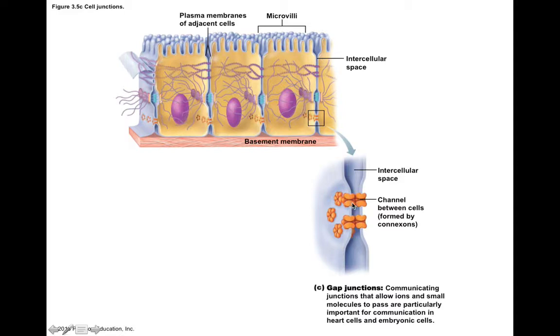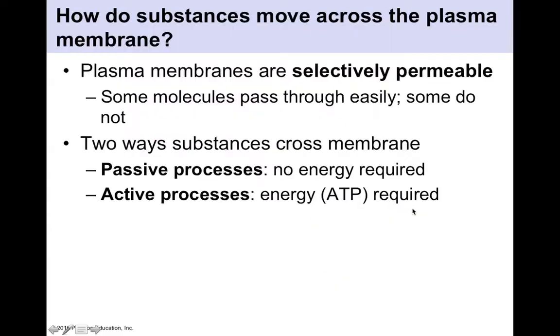So imagine you have one half of the tube on this plasma membrane and one half of the tube over here, and when they match up, they form a tube that connects the intracellular environment of one cell to the next. That way some molecules, if they're small enough, can pass between cells from cell to cell. And you find gap junctions in embryonic cells as well as heart cells for conduction of electrical impulses from cell to cell.